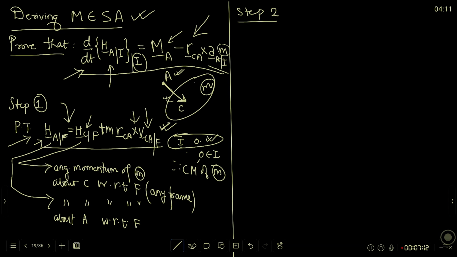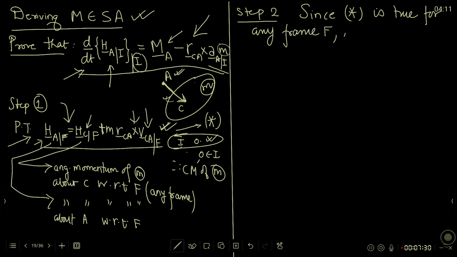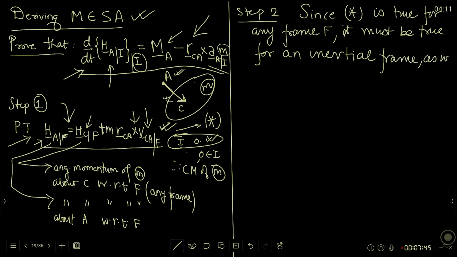Since this relationship, let me call it as star. So that's a straightforward argument that since star is true for any frame F, it must be true for an inertial frame as well.